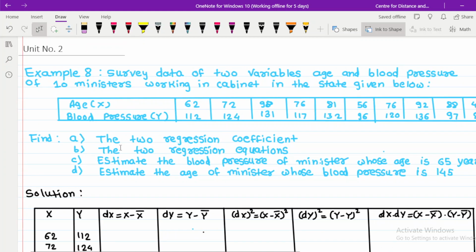That is example number 8. Survey data of two variables, age and blood pressure, of 10 ministers working in the cabinet in the state is given below.